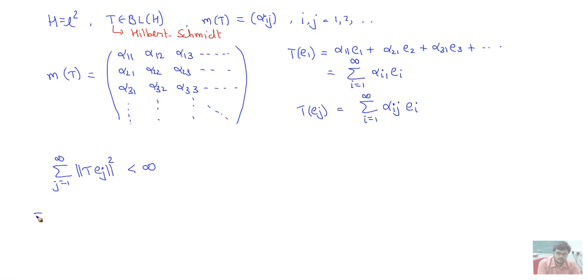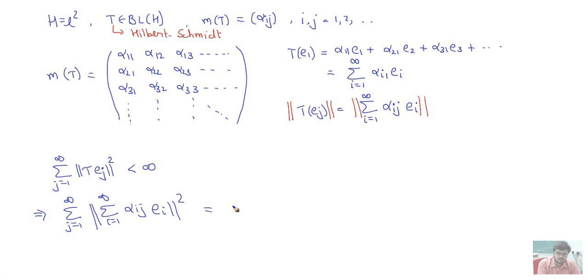But then what does this imply? The summation j equals 1 to infinity of norm of T e_j squared. So when we take the norm here, we'll have the summation i equals 1 to infinity of norm of alpha_ij e_i squared.